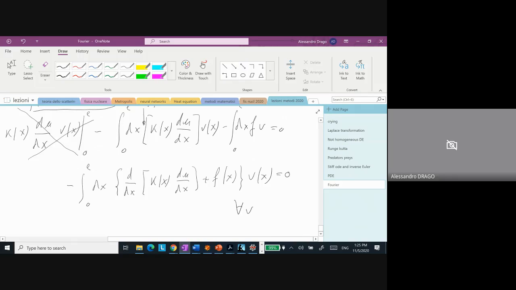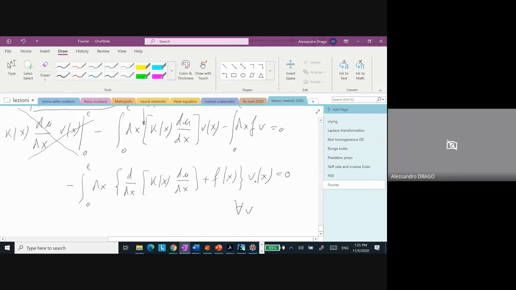If this is true for whatever v, I claim that what is in brackets must also be 0 for all x, meaning that u satisfies that differential equation. Why is that? Suppose that what is in brackets is not identically 0. Suppose that it is different from 0, for instance, in a certain region of values of x.